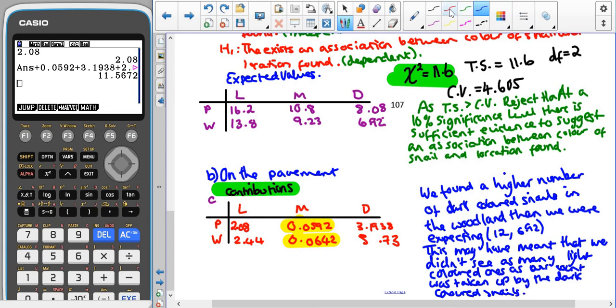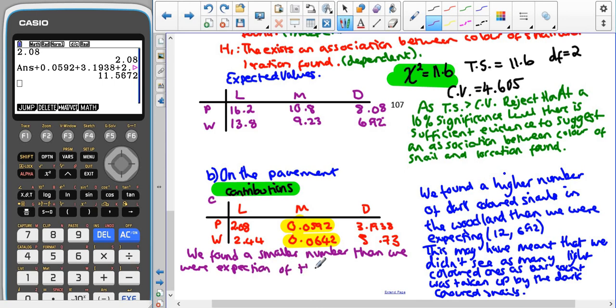And conversely, talking about our dark coloured ones on the pavement, we found a smaller number than we were expecting of the dark coloured snails on the pavement.